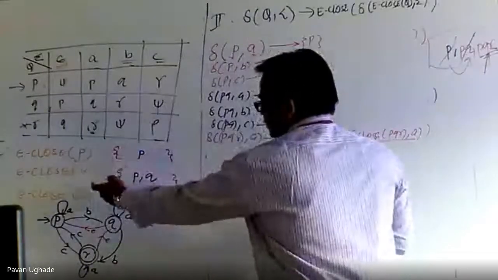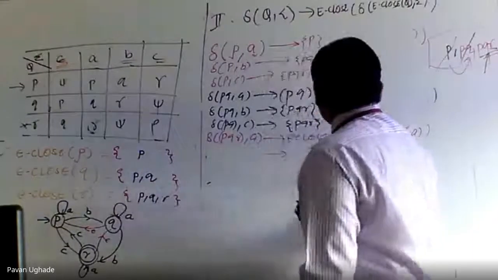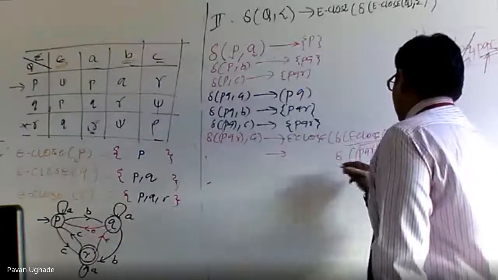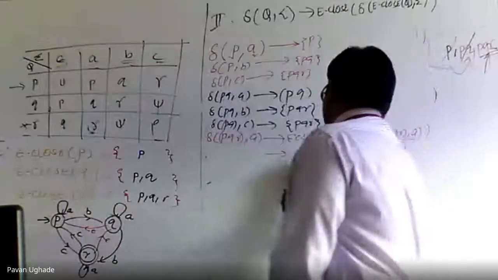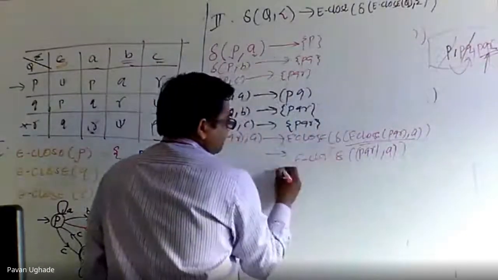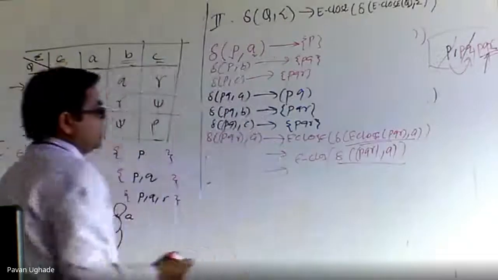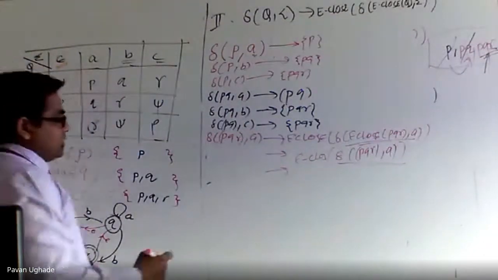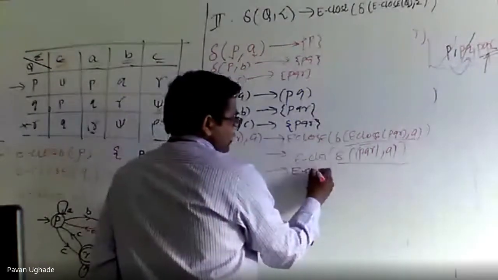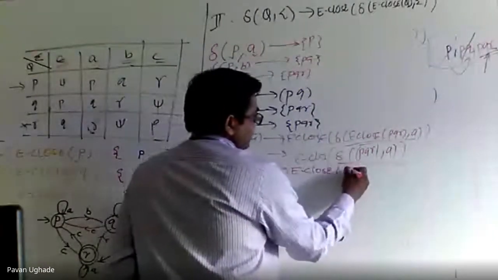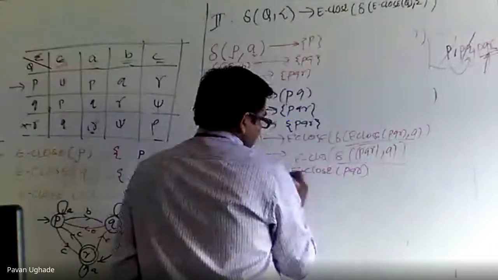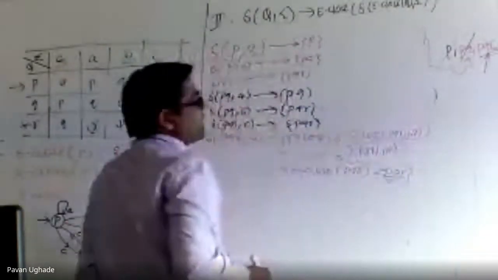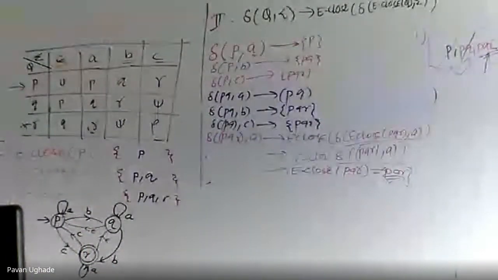Epsilon closure of P union epsilon closure of Q union epsilon closure of R, so it is PQR, comma A. Next, the transition function of PQR over A is PQR only. So the epsilon closure of PQR is PQR itself. It is already added, so no need to add.